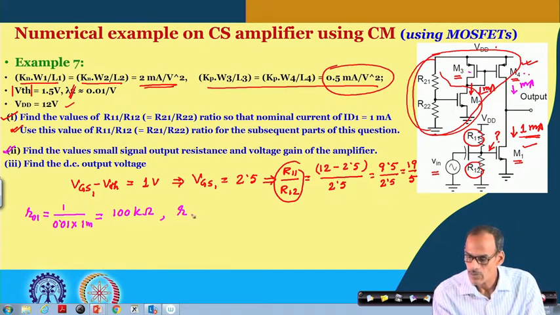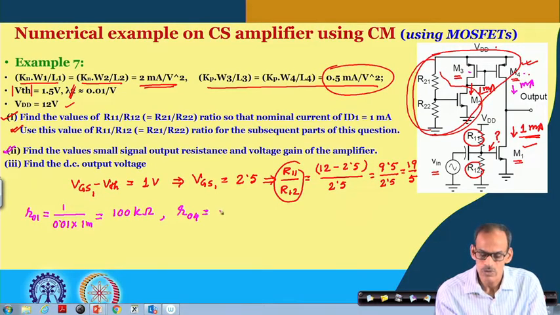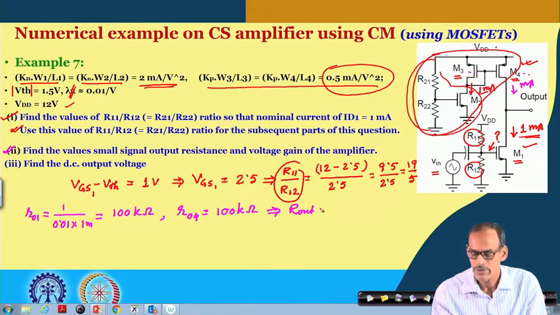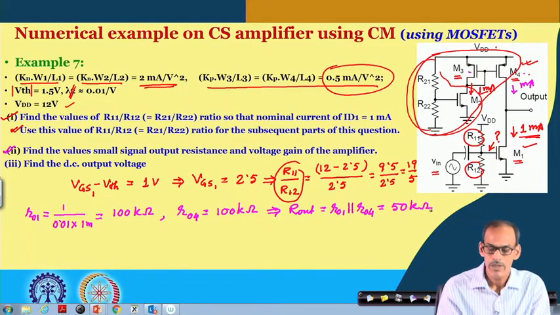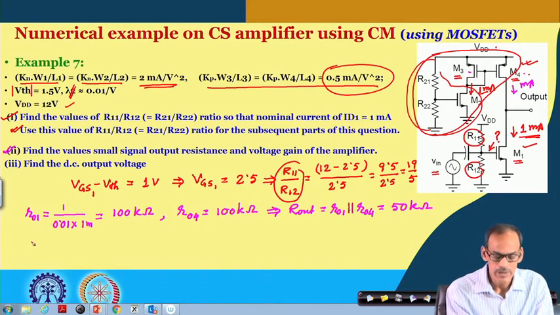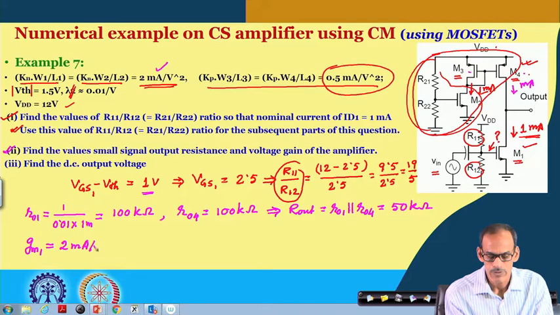Likewise, RO4 is also 100 kilo ohm, and that gives us the output resistance of the amplifier equal to RO1 in parallel with RO4, which equals 50 kilo ohm. Now, to get the voltage gain, we need to calculate GM of transistor 1, and again by utilizing this information and VGS, we get this equal to 2 milliampere per volt.